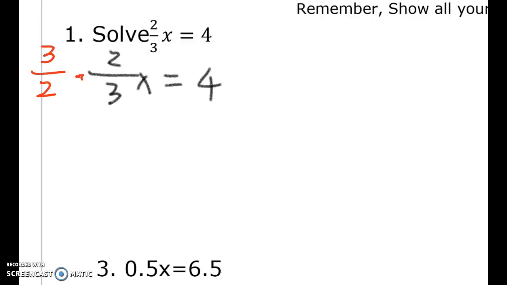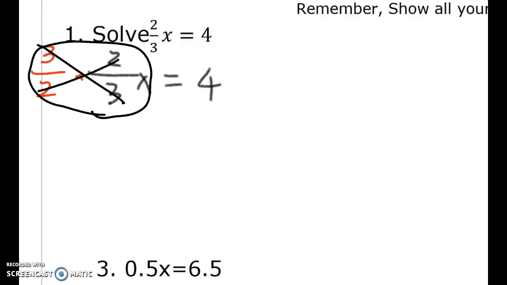So in that case, this whole side, we will get an x because 6 over 6 is 1. So 1x equals x. But if we did that, the red part, we need to do the same to the right side because we need to be fair.